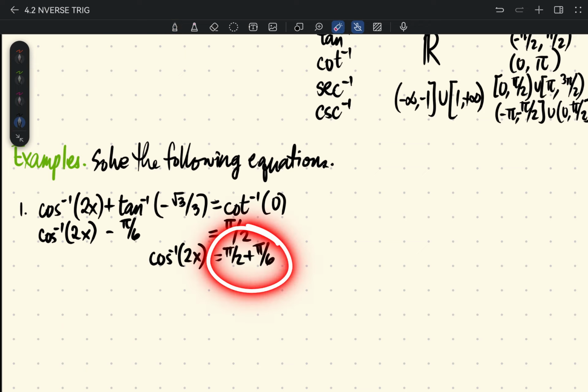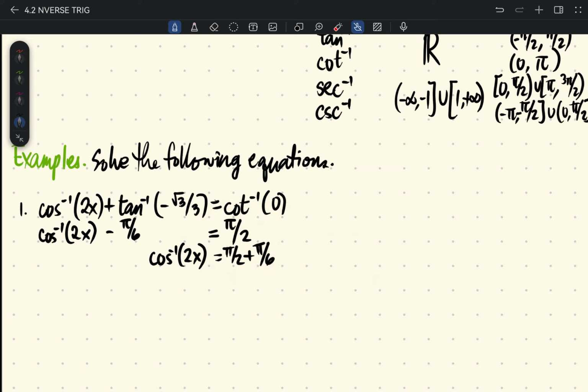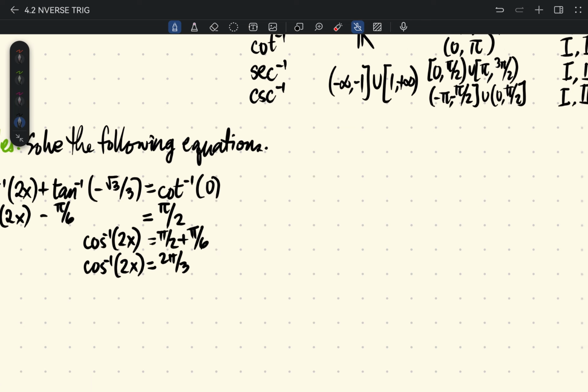With an LCD of 6 here, 3 pi plus pi gives you 4 pi over 6, which is 2 pi over 3. So you have cosine inverse of 2x equals 2 pi over 3.